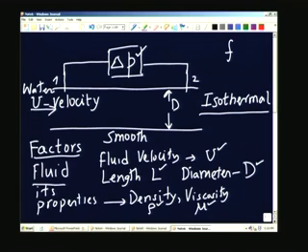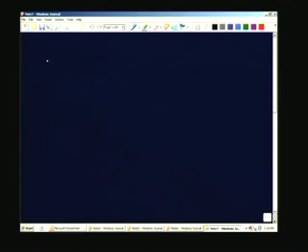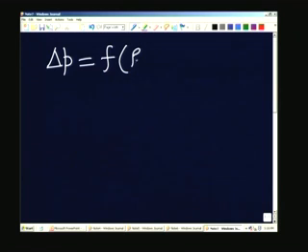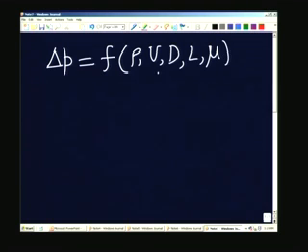So let us look at what is going to happen. So we can say that delta P is a function. This is not the friction factor, this is just the function symbol. So we have rho, U, D, L and mu. You can write it in any particular order, it does not matter.